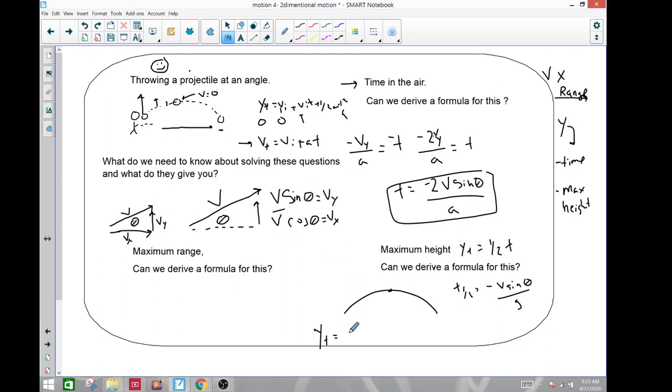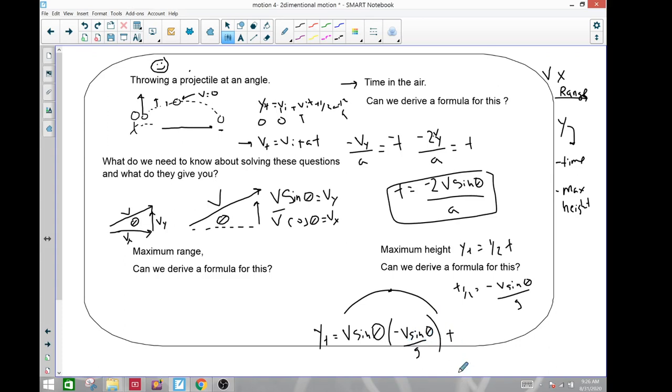So it's going to be velocity times the sine of the angle times the time it's in the air. The time I want is negative velocity sine of the angle divided by the acceleration of gravity. That equals my time.